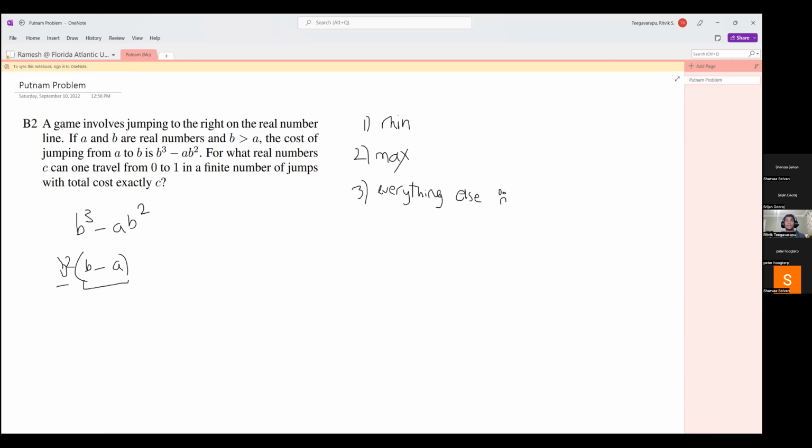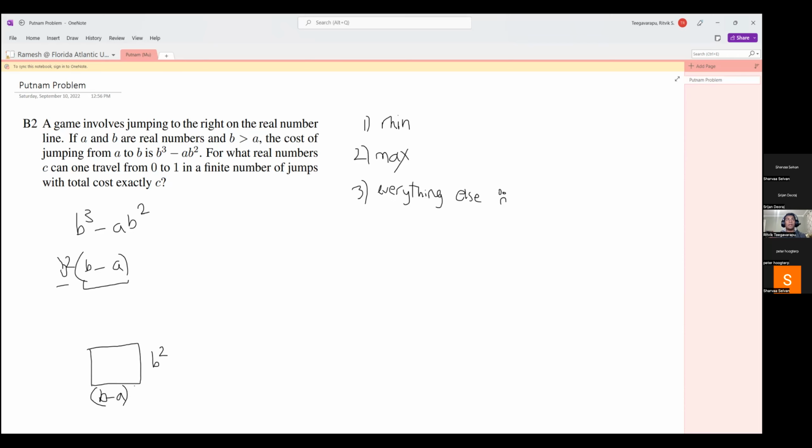So what this tells us is that this is actually the area of a rectangle that has length B minus A and height B squared. Correct? But it's very different because what happens if we make B minus A super small?